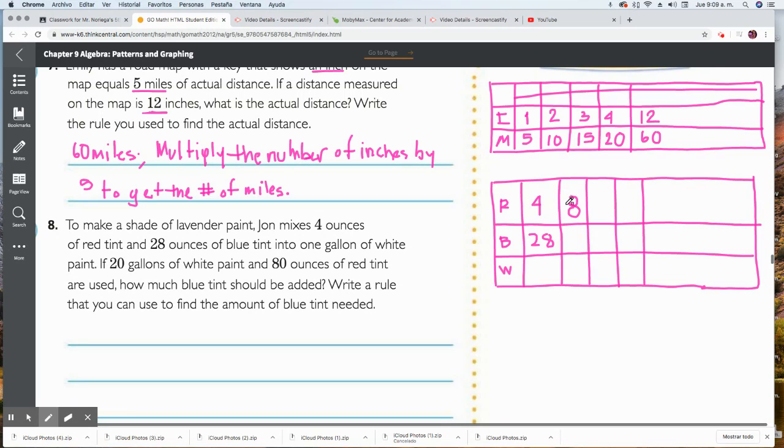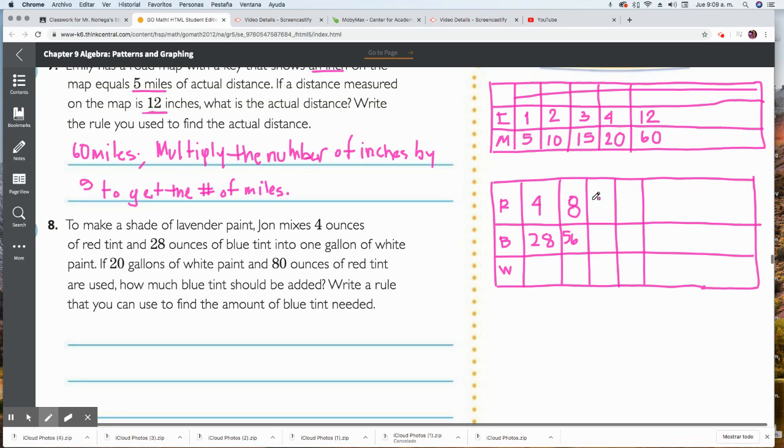So I'm going to apply the same rule to this number. 8 times 7, what's 8 times 7? 56. Then he mixes 4 more ounces of red tint and 28 ounces of blue tint. So 56 and 8.